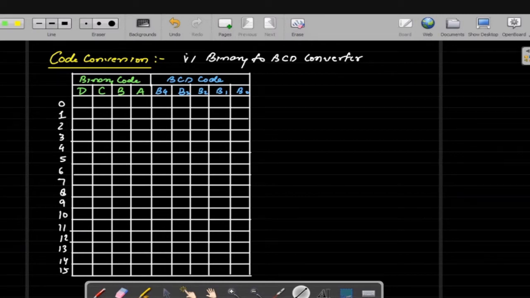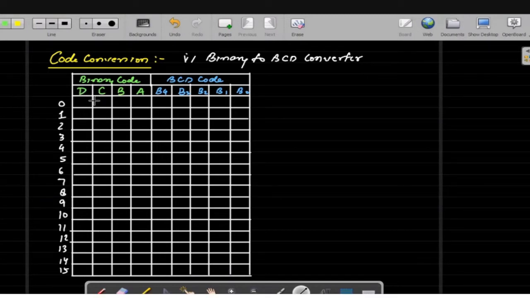Now, if you are considering the 4-bit binary code, then it will consist of all 16 combinations, starting from all 0s to all 1s.